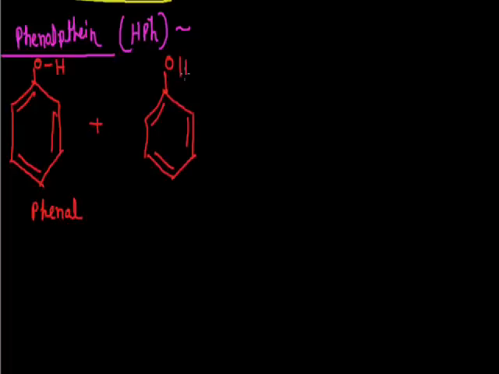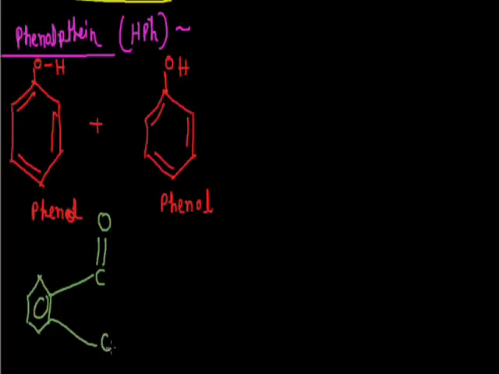We take another molecule of phenol, and two molecules of phenol react with phthalic anhydride. Phthalic anhydride has a benzene ring, and we can also draw a circle in place of the alternate double bonds.